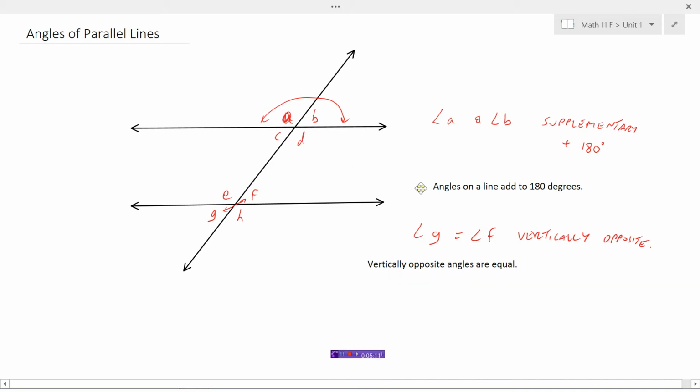So these were two things that you probably knew before. If not, you know them now. Angles on a line add to 180, and vertically opposite angles are equal. So let's look at some of these other angles in here that you may not have noticed the relationship between in the past.